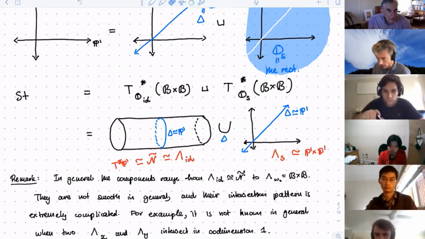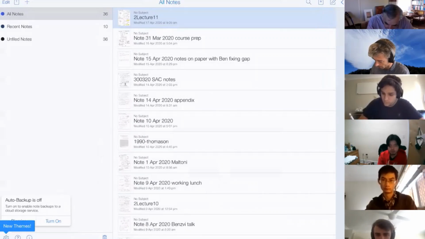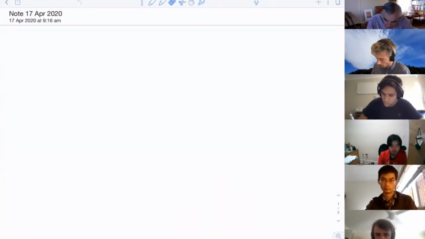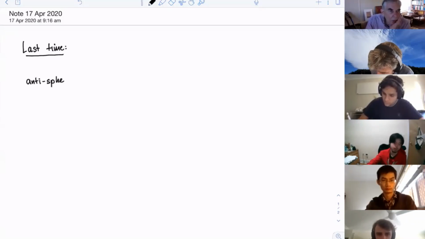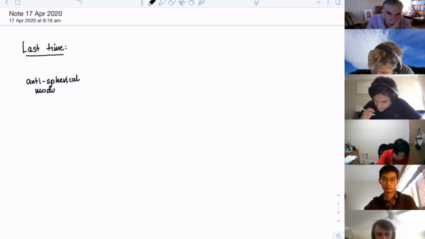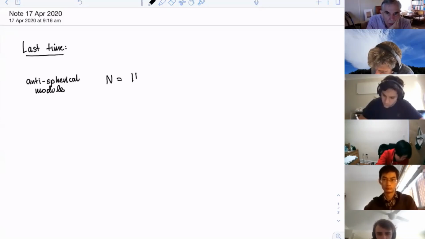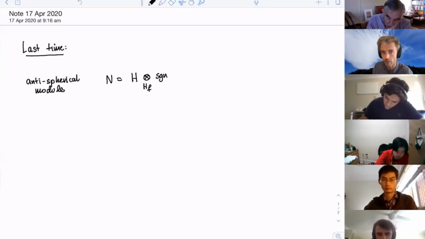Okay. So now I will start writing. So last time, we introduced this anti-spherical module N, which was a tensor product of the affine Hecke algebra, so the induction of the sign, the kind of quantization of the sign representation of the finite Hecke algebra to the affine Hecke algebra.